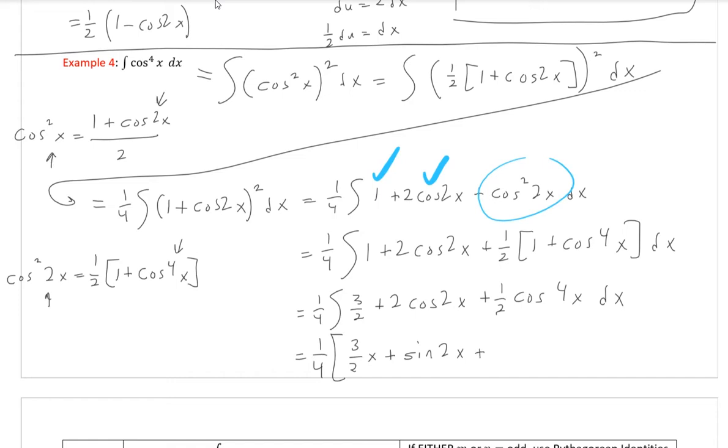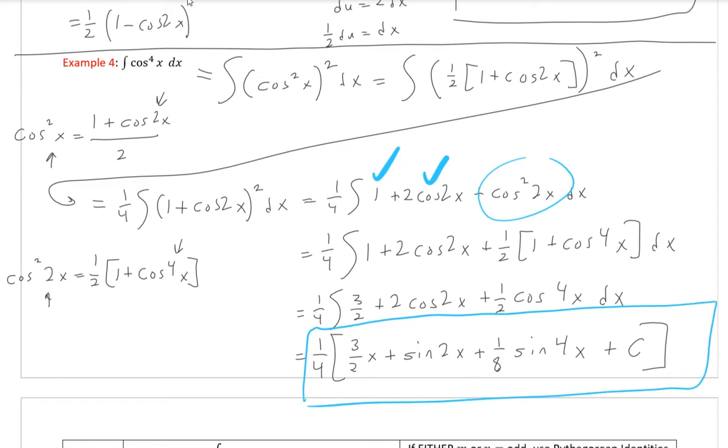Plus, this is going to multiply by 1/4, so we get 1/8 overall sine of 4x plus c. And that's what I would be looking for here as an overall solution. Again, you can multiply the 1/4 out, but this should suffice in terms of our end solution.